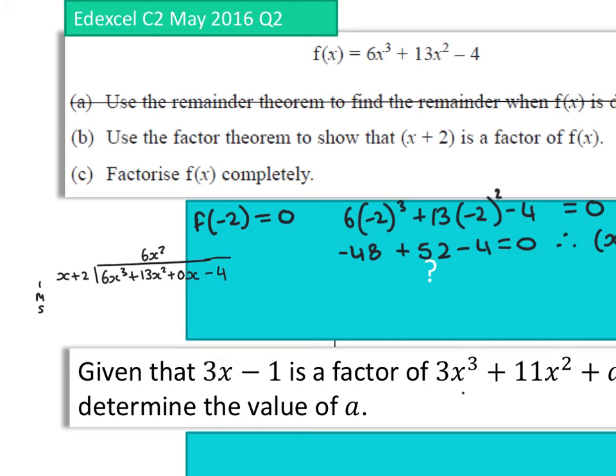Multiply: 6x cubed plus 12x squared, subtract, I'm left with 13x squared minus 12x squared is 1x squared, bring down the x, multiply: x squared plus 2x, subtract, minus 2x minus 4.